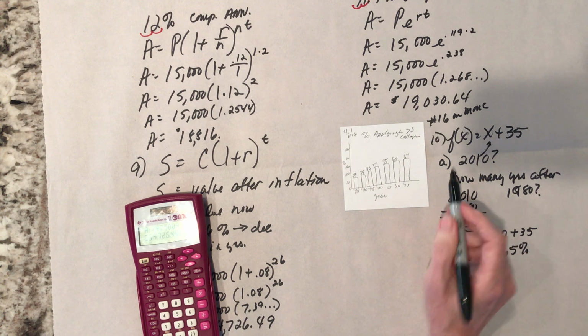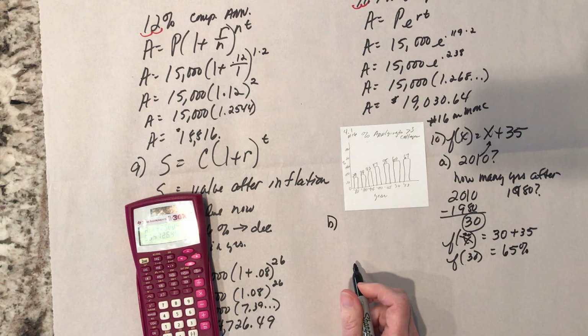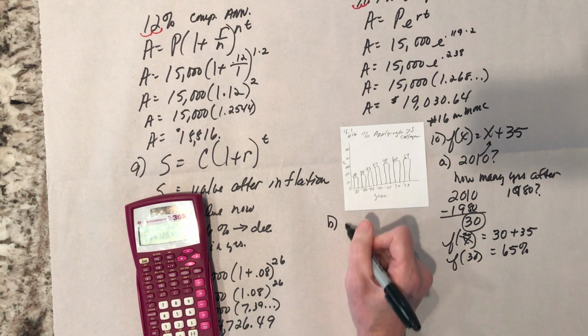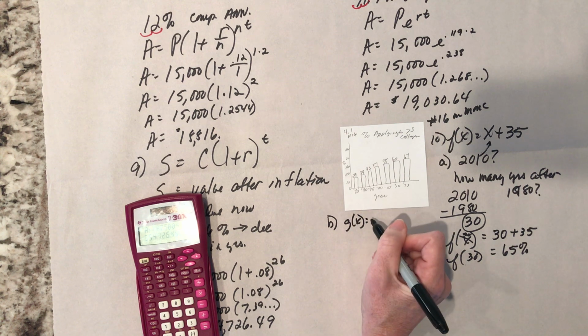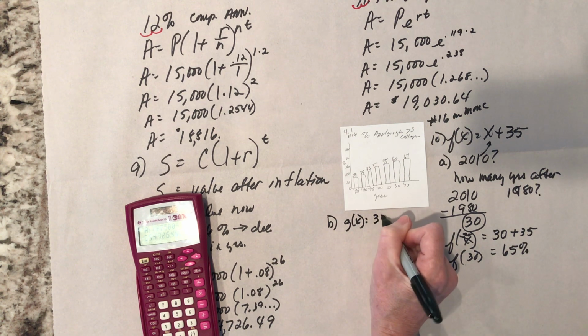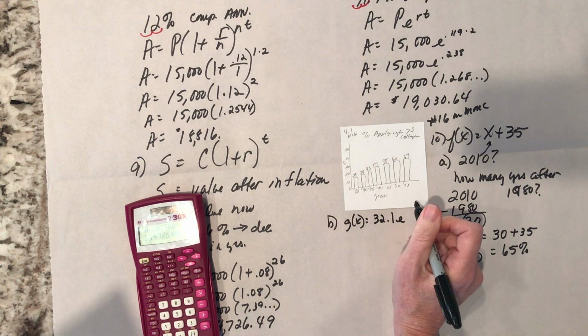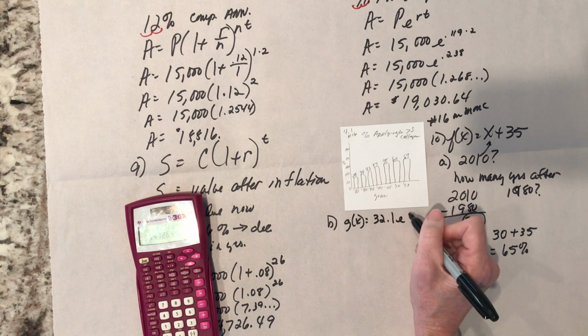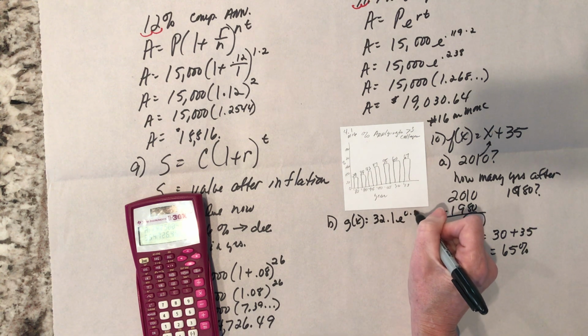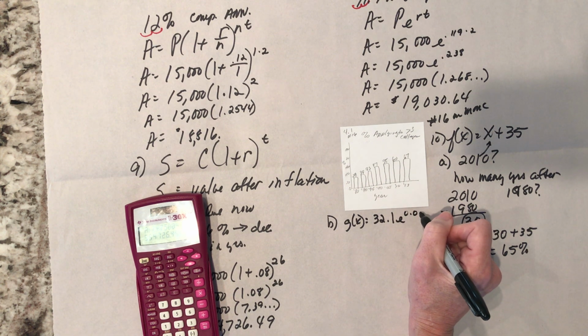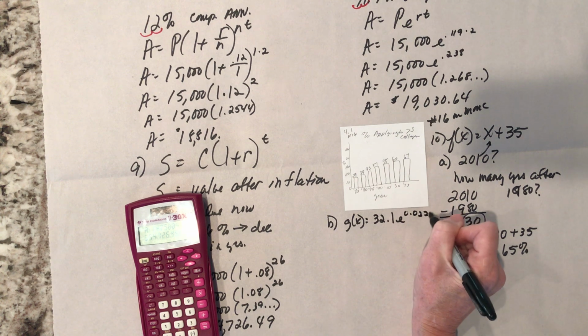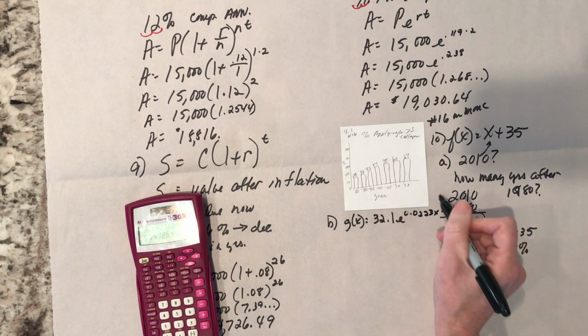So that's A. B asks you to use the exponential function. g of x equals 32.1 times e raised to the 0.0223x.